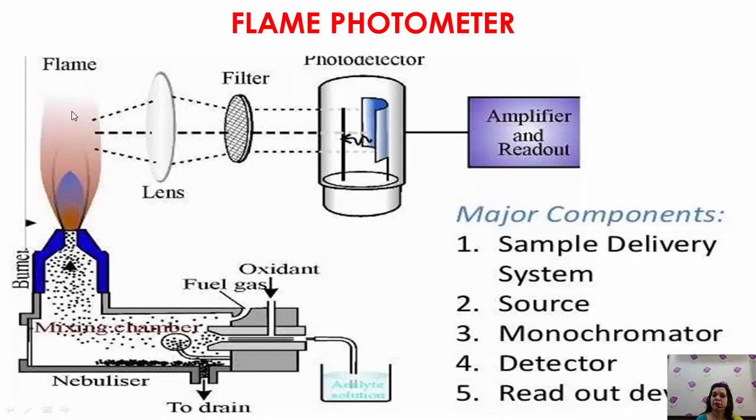Once it starts burning, it emits energy. That emitted energy is channelized through this filter and lens and detected by a photodetector, then sent to an amplifier or readout device. So these are the basic components. We'll see all these components in detail in my future slides.